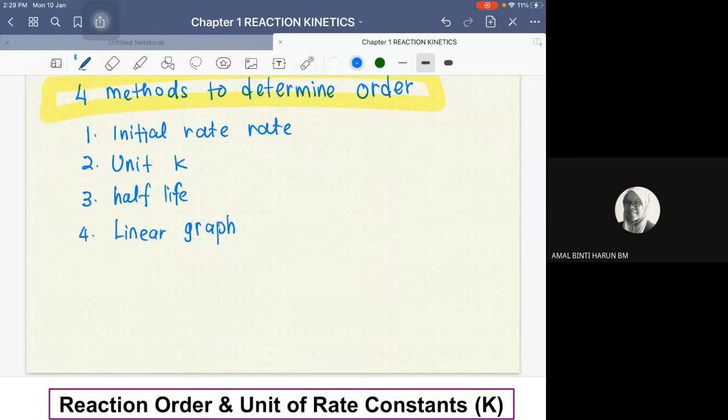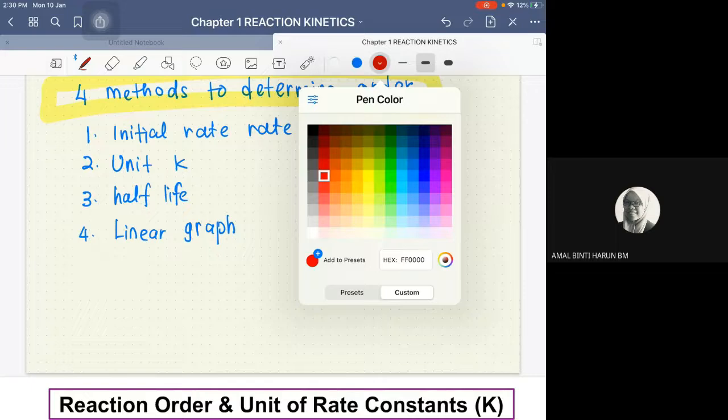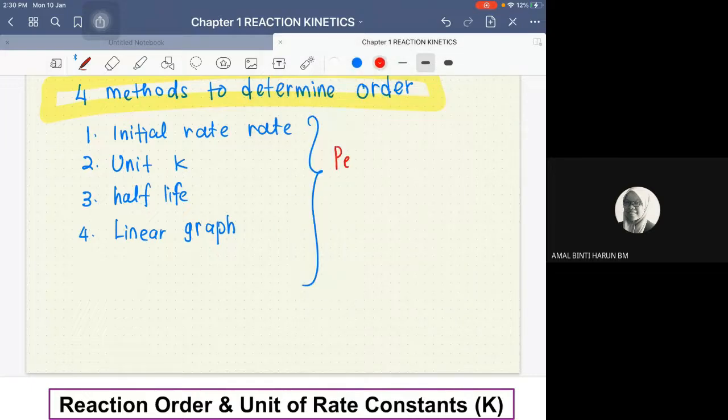Okay. Yang penting you tahu, bila nak jawab soalan reaction kinetik, mesti tahu dia order apa. Ada 4 cara nak tentukan order, bergantung kepada soalan. Penting. Sebab apa?